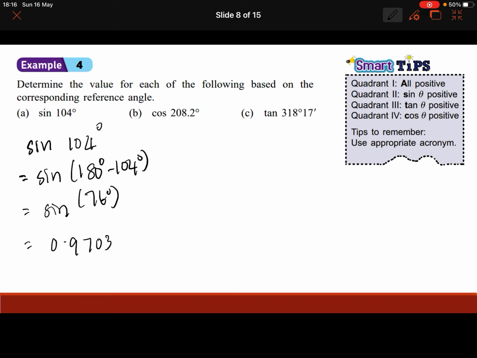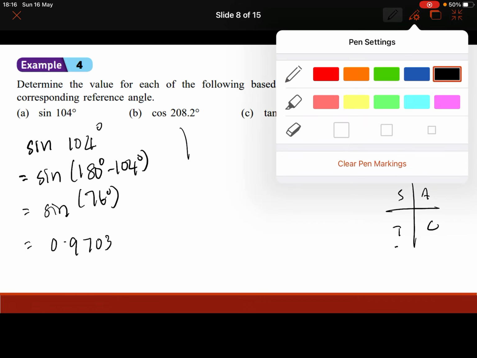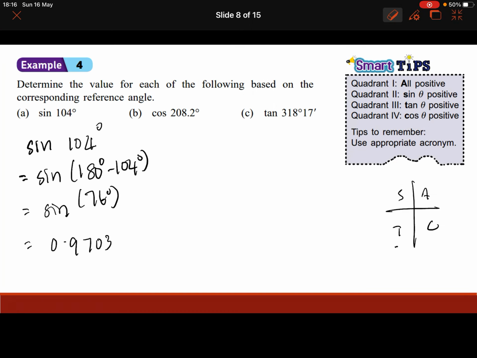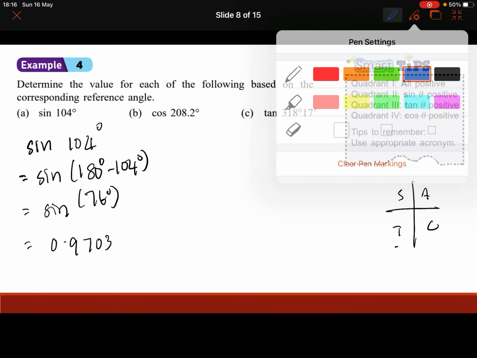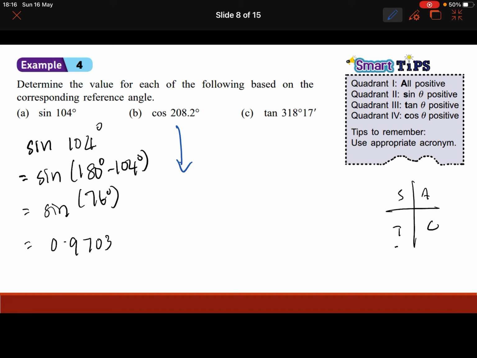Okay, cos 208.2. 208.2 is located in the third quadrant. So third quadrant, add sugar to coffee. So third quadrant here, so the cos is negative, right? Okay, wait, we use other colors, blue color.